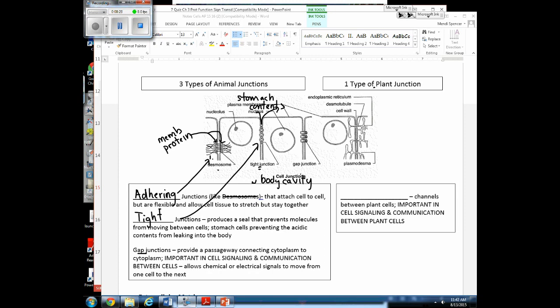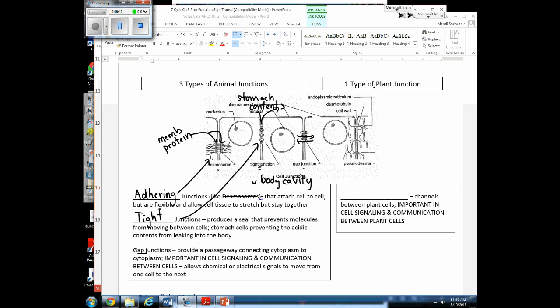And then we have the third type, which are the gap junctions. And think of gap junctions as little hallways where molecules, cytoplasm, substances can pass from one cell to the next. So substances can move from one cell to the next through these gap junctions. And again, these gap junctions are due to certain types of proteins that are in the cell membrane of these cells.